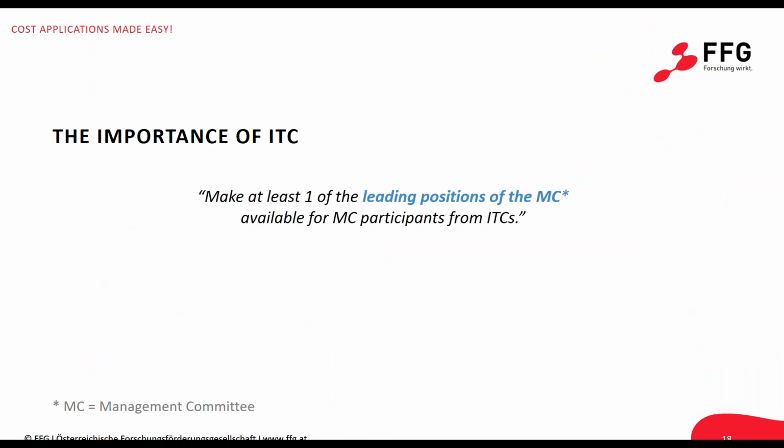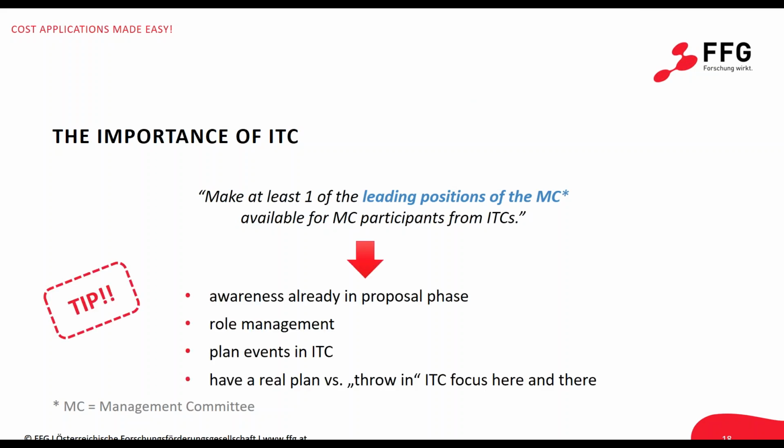One last thing about ITCs. There is a rule that at least one of the leading positions of the Management Committee has to be made available for participants from ITCs. So that's not something that you have to define in your proposal or write about, but it's good to be aware of that already during the proposal phase.